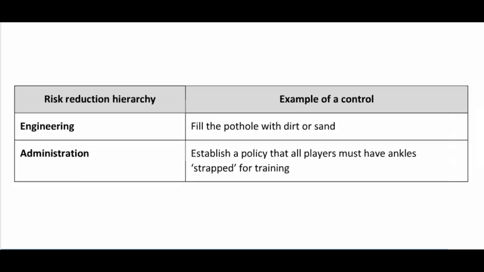The coach and support staff may decide to use engineering and administration to effectively control the hazard as follows. Engineering, fill the pothole with dirt or sand. Administration, establish a policy that all players must have ankles strapped for training.